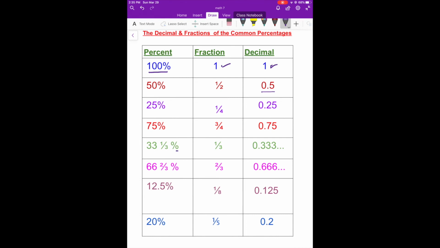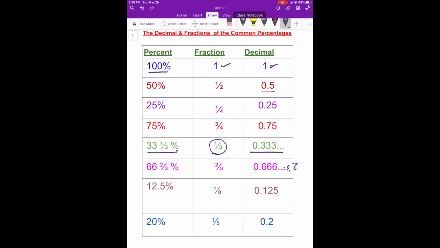And 33 and 1/3% is 1/3, equal to 0.3333 repeats. And 66 and 2/3% is 2/3 and it is 0.6 repeats.